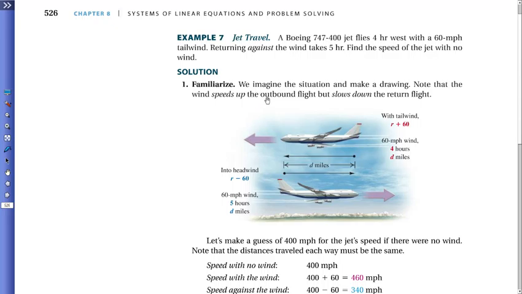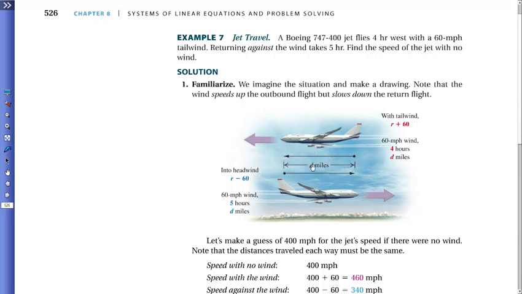So to familiarize, we imagine the situation. You make a drawing of this too, and it's probably a good idea, and then start writing some notes along that. I don't think you have to draw the actual airplanes, but you need to note in the drawing that when I go from this location to this location, which is with a tailwind, because they're showing the wind going this way, the distance I actually go is exactly the same both ways.